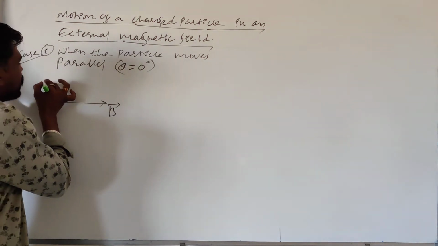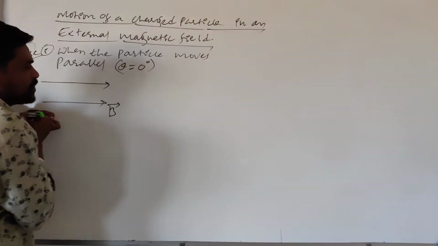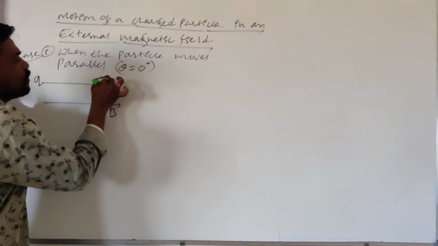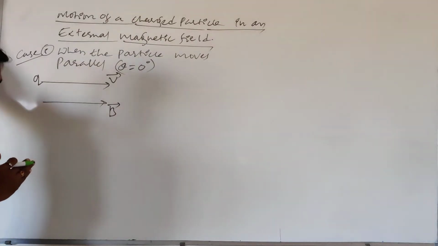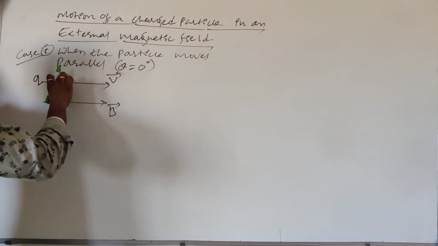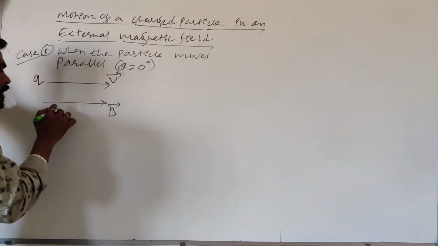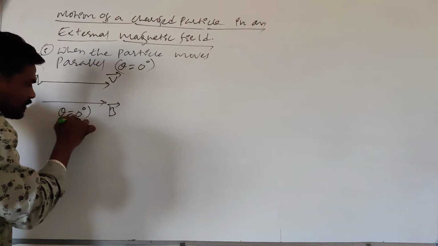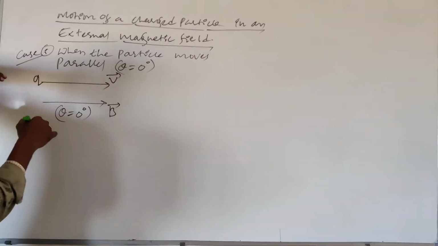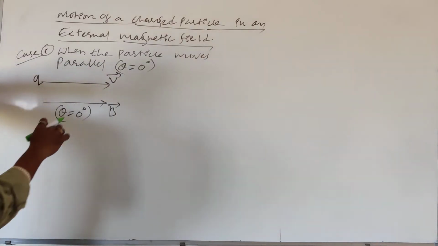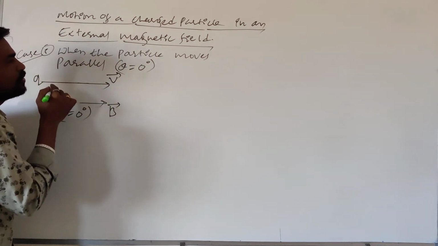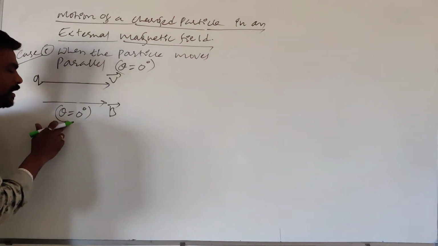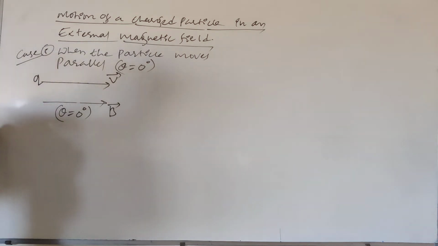If the particle is also moving in this direction, then the angle between V and B is equal to 0 degree. No angle is created. Both are parallel.